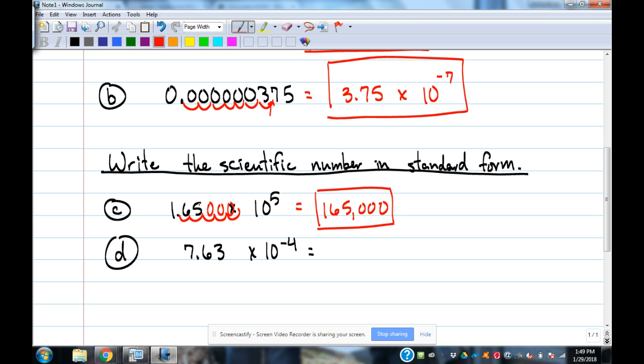So if a positive exponent moves the decimal this way, negative is going to go the other way, right? So how many zeros are we going to put in front? 3 of them. 1, 2, 3, 4. So the new decimal, 0.000763. That's the standard form for that. So you fill in the empty spots with the zeros.